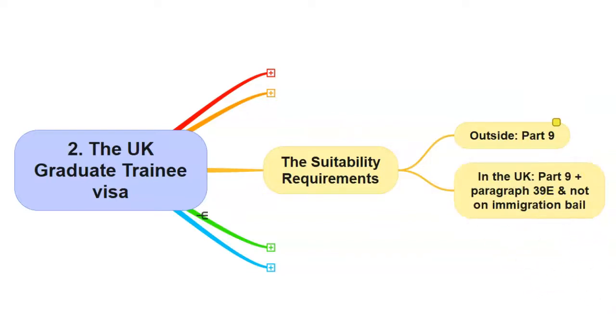In these circumstances, there are still chances of the application being accepted as valid and you meeting the suitability requirements. But of course, I strongly suggest that if you're already in the UK, you always submit your application before the expiry of your visa.